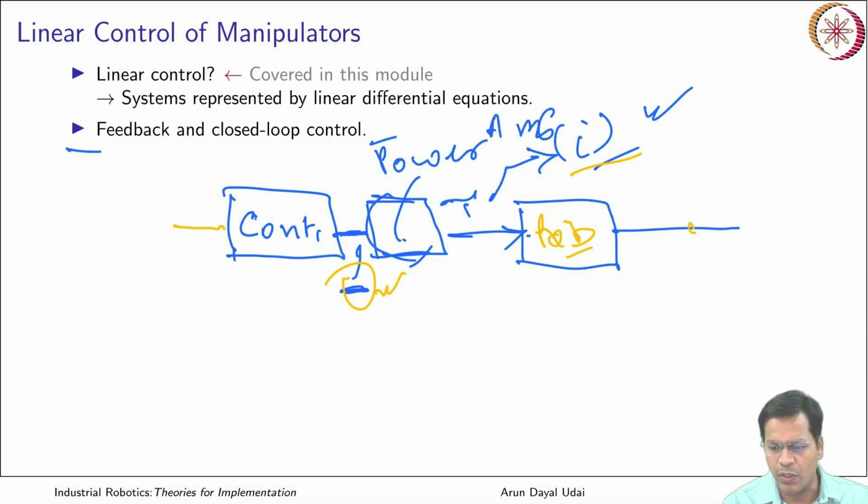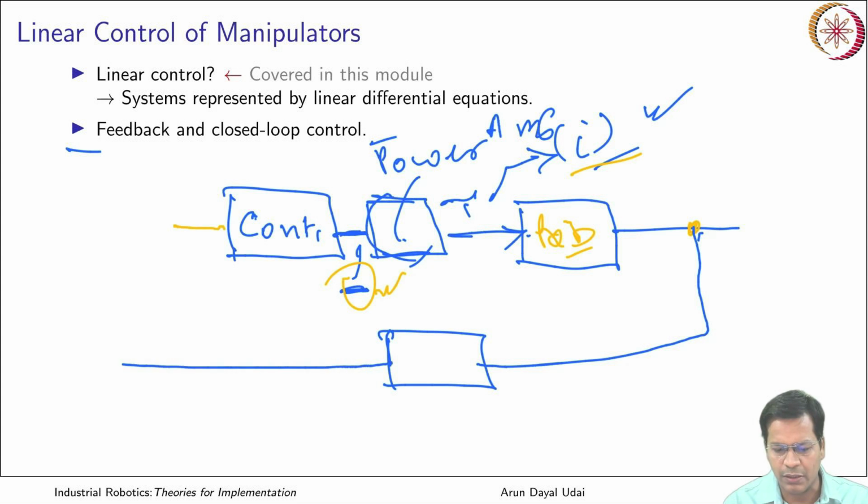So basically you have a feedback line that is fed back like this through some kind of transducer or signal conditioning system. So finally it comes to a comparator, and this is nothing but the error.